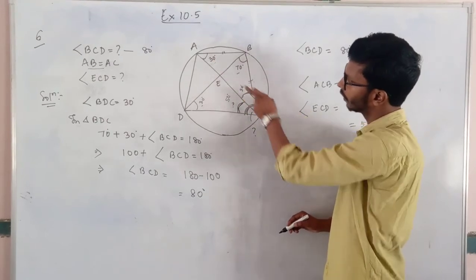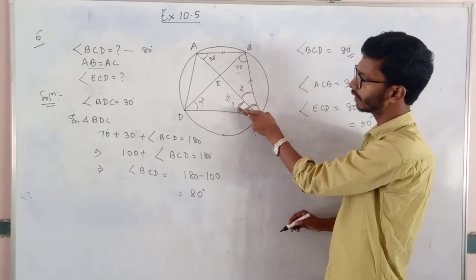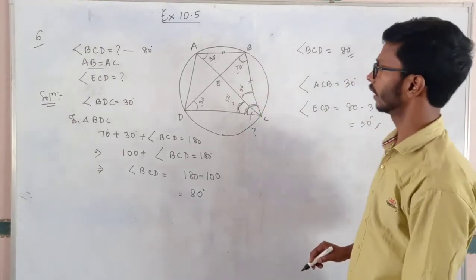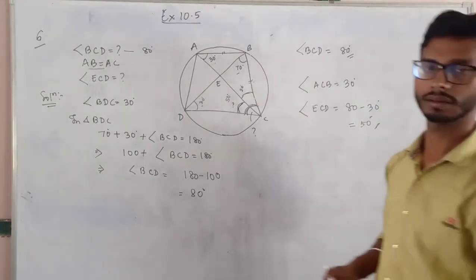And now see, these two are equal, so this is 30, this is also 30. So 30 plus what number will give you 80? It should be 50. So angle ECD is equal to 50 degrees. Thank you.